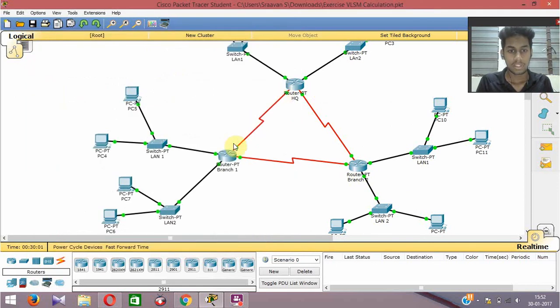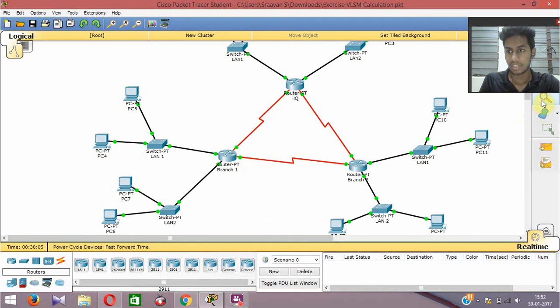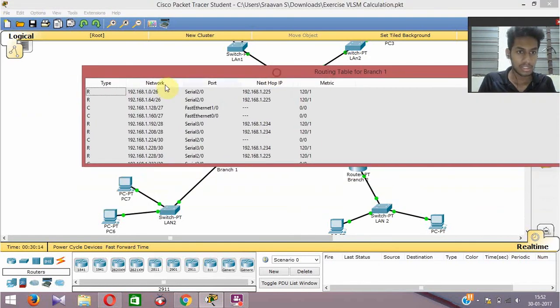Then as we can see in its routing table, now we can see all the networks that are connected to this router.